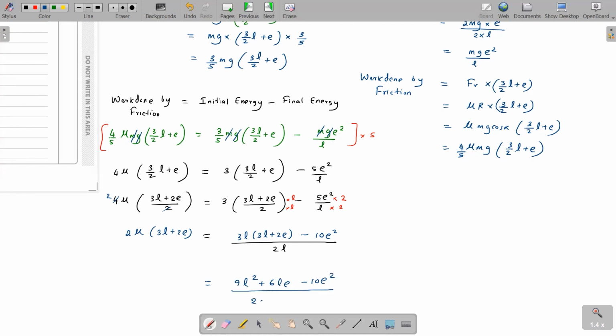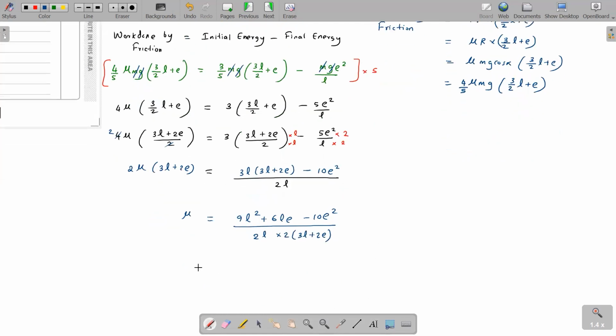This 2 and 3L plus 2E come to the other side to make mu the subject. And this is to show that, right? Yes. 9L square plus 6LE minus 10E square over 4L times 3L plus 2E. And this is just show that.